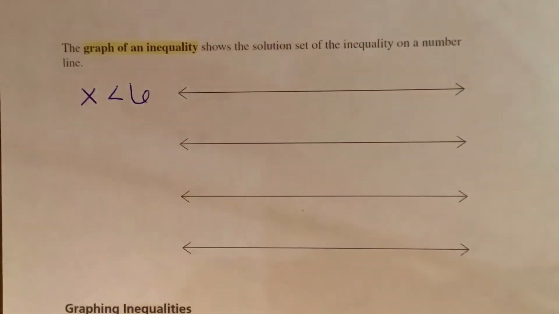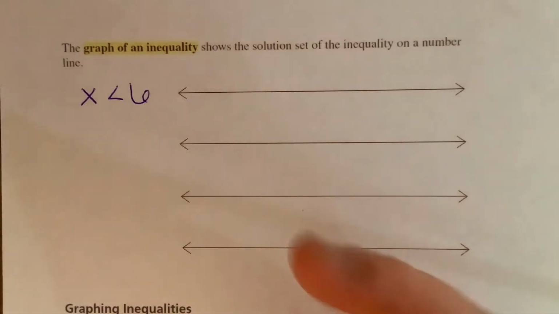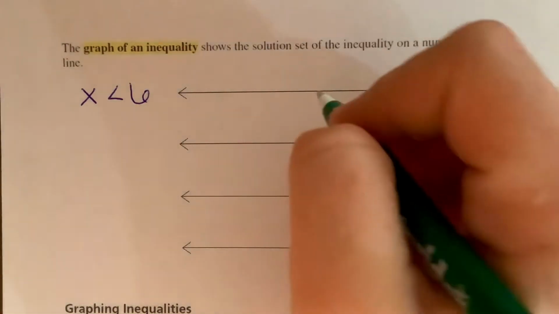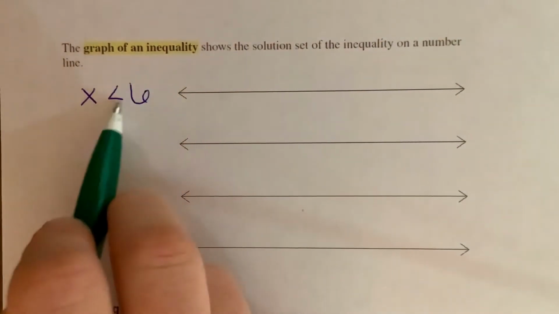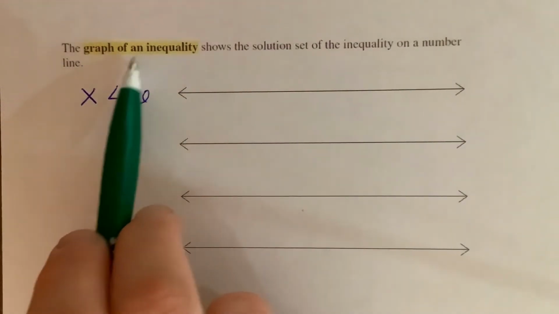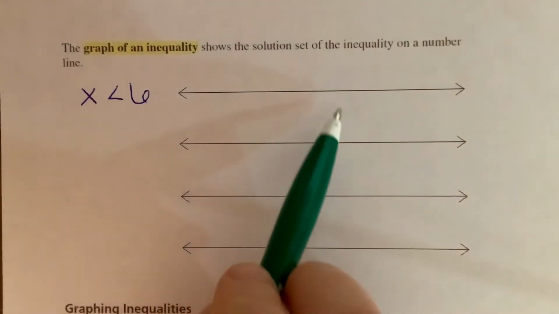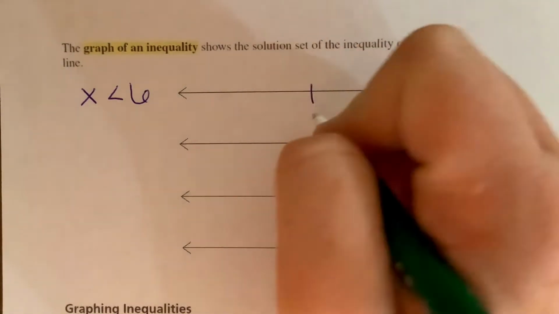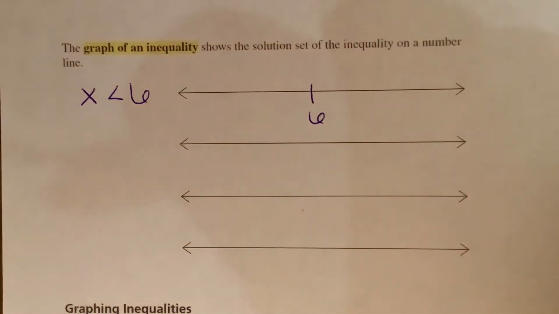and I wanted to graph that, I wanted to show my solution on a number line, first thing I want to do is represent or show my numbers that I'm going to be using near my answer. The most important number on my number line here is the 6 in my answer. So I always put that one in the middle. And really, when I get in a hurry, I don't even put other numbers on my number line for my answer and for graphing.